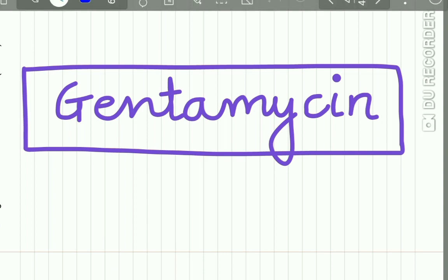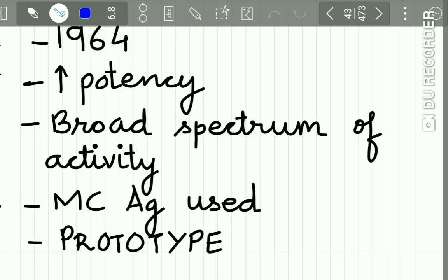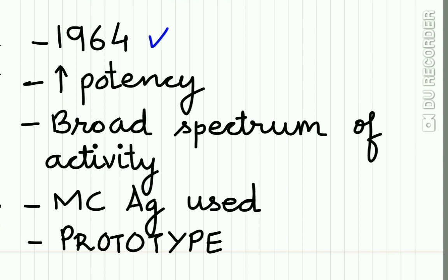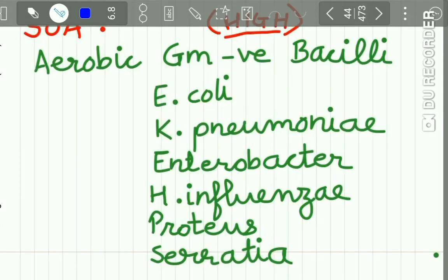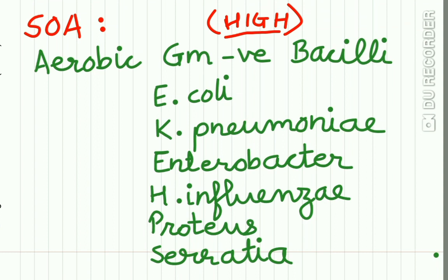The first one is gentamicin. Introduced in the year 1964, it has high potency and broad spectrum of activity. It is the most commonly used aminoglycoside for acute infections, and it is the prototype drug of this group. The spectrum of activity is highly sensitive against aerobic gram-negative bacilli such as E. coli, Klebsiella, Enterobacter, Haemophilus, Proteus, and Serratia.